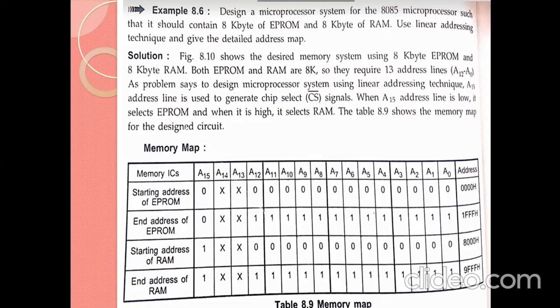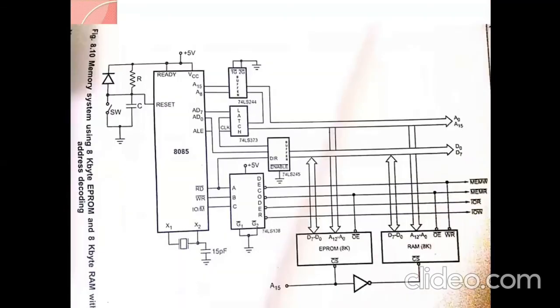Suppose you need continuity, then you have to use 0000 to 1FFF, and the next address should be 2000 to 3FFF. So totally 16 kilobyte of memory is connected to the microprocessor: 8 kilobyte of EEPROM and 8 kilobyte of RAM. Here only A15 is used. When A15 is 1, RAM is selected. When A15 is 0, EEPROM will be selected.